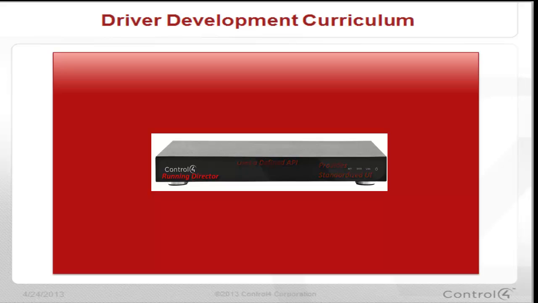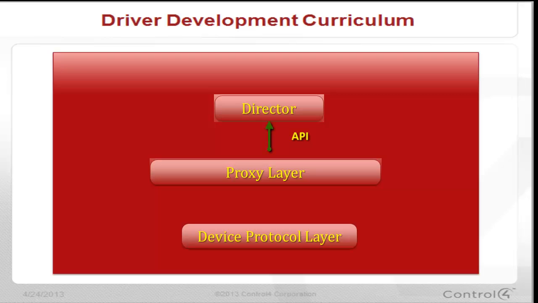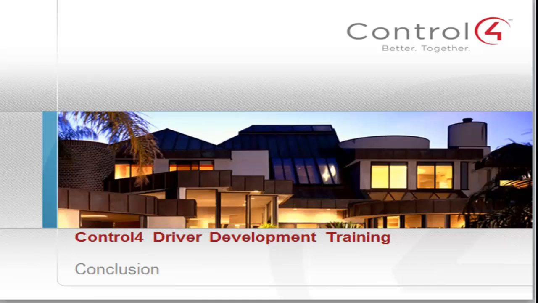Then, we examined the role of the proxy and how it supports Director by delivering APIs that are easy for Director to consume. Finally, we talked about the protocol and how it provides unique, device-specific notifications that provide feedback from a device. Now, let's take a look at how data actually flows through these layers to support device control.